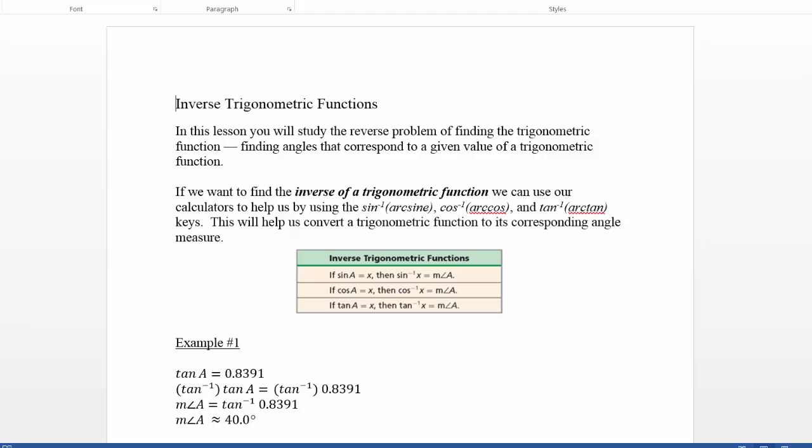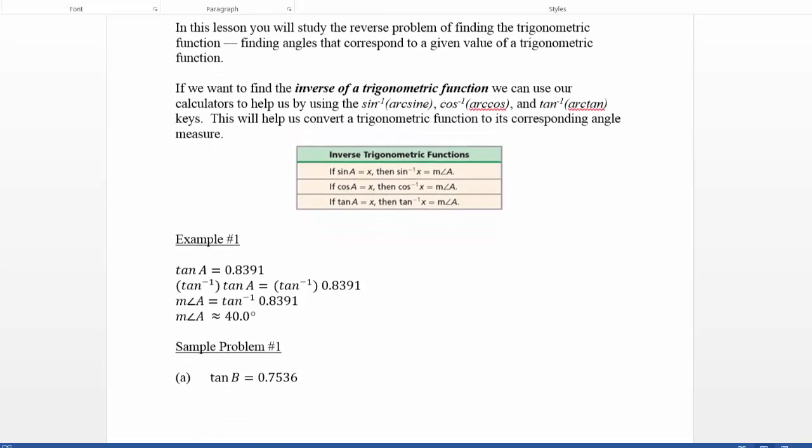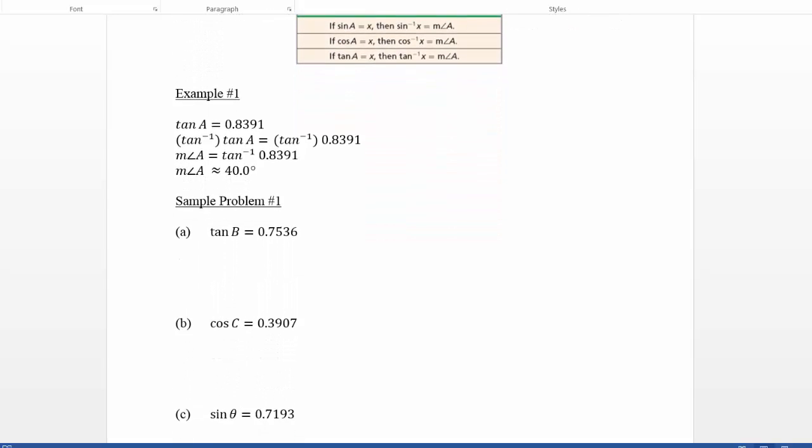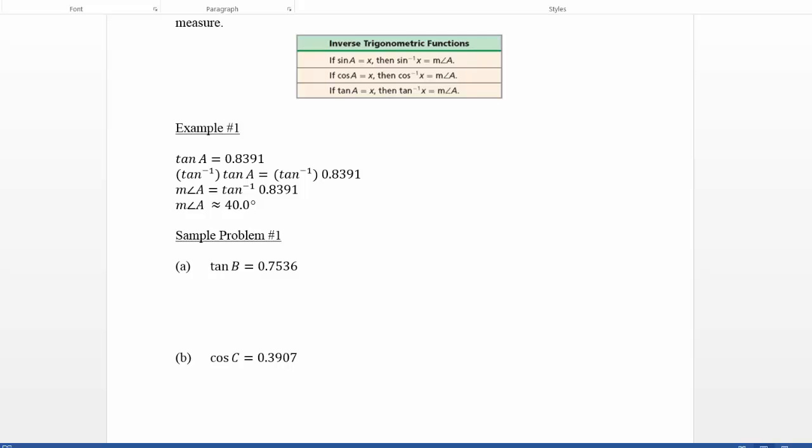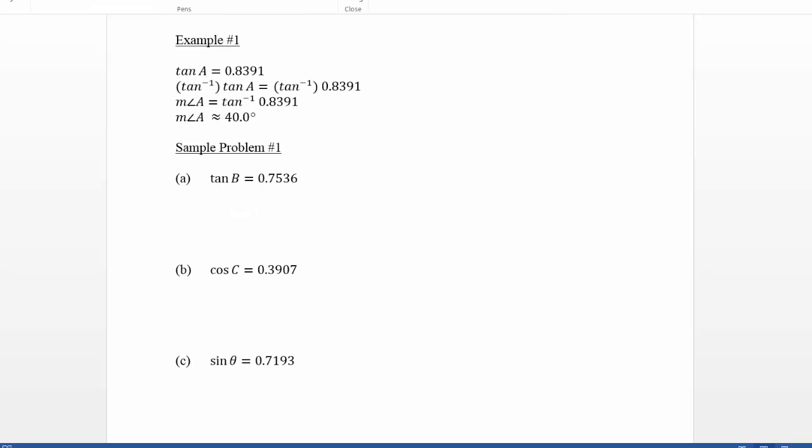So we'll use this inverse function as a way to cancel out trig functions. If you look at example problem number 1, we have the tangent of A equals 0.8391. What we're really looking to do is figure out what the measure of angle A equals. So we need to get that A value alone, and since it represents an angle measure, we write that as the measure of angle A like we did in geometry.